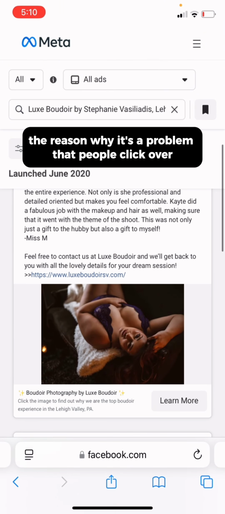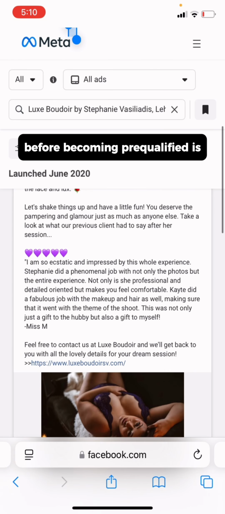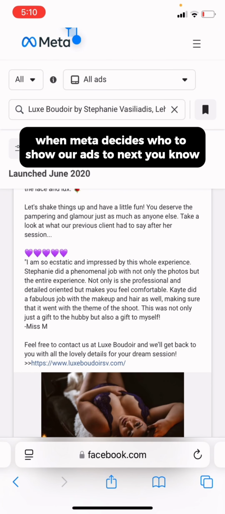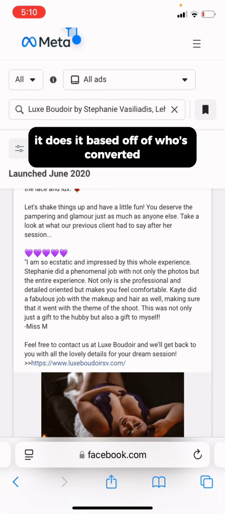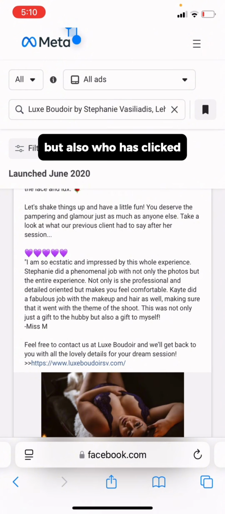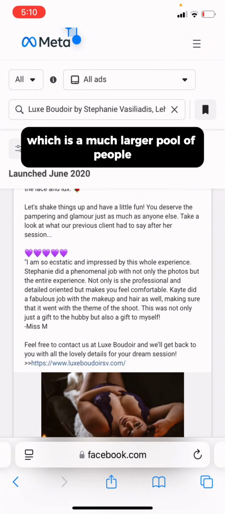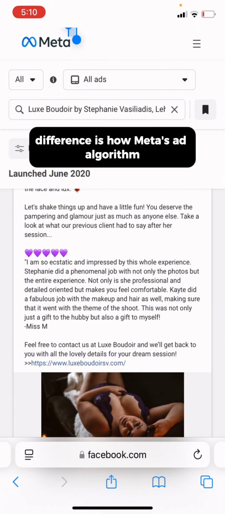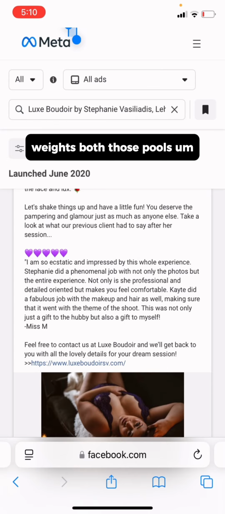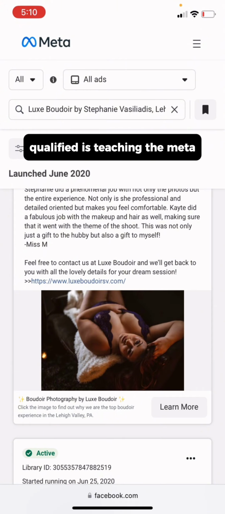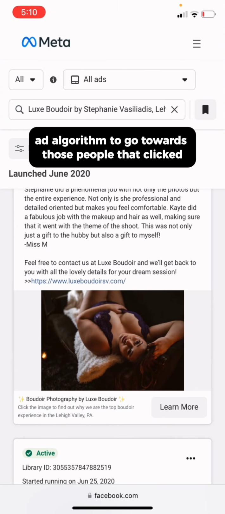And the reason it's a problem that people click over before becoming pre-qualified is when Meta decides who to show our ads to next, it does it based off of who's converted, which is a very tiny pool of people, but also who has clicked, which is a much larger pool of people. And obviously, there's some weighting differences in how Meta's ad algorithm weights both those pools. But anyone who clicks that's not qualified is teaching the Meta ad algorithm to go towards those people that clicked, because it's a good user experience for those people.